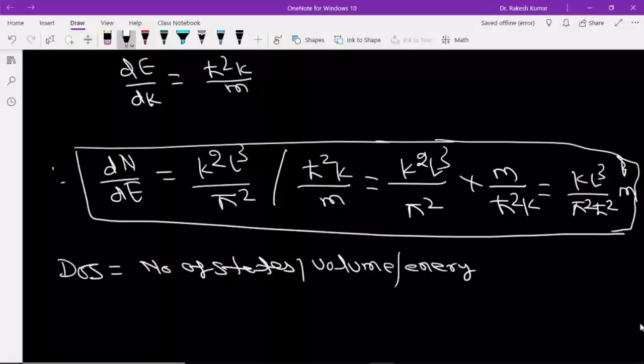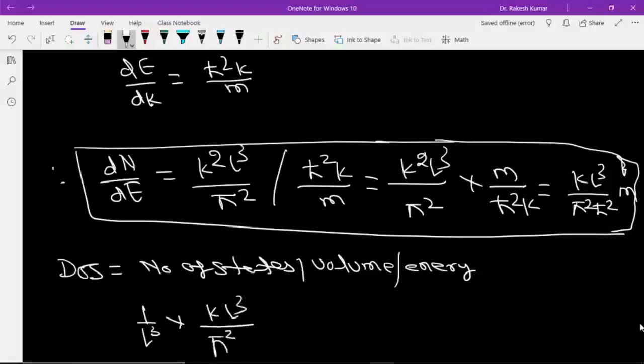So now this is equal to 1 by L cube into k L cube by pi square h cross square m, this L cube would be cancelled.